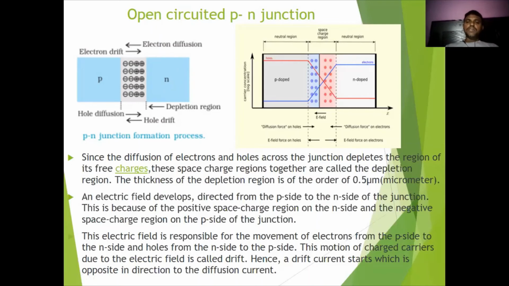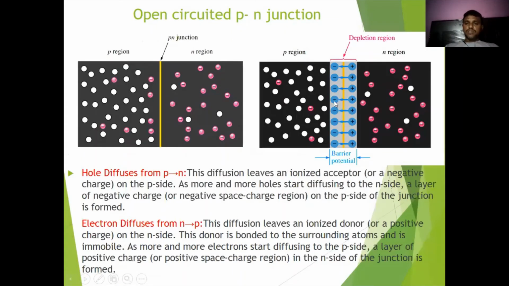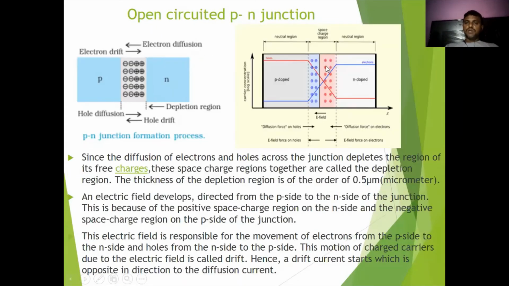Inbuilt is nothing but this electric field that is formed. Here you can observe blue is minus, that is negative ions, and plus positive ions, they form the electric field, right? This is an internal electric field formed due to the space charge region, due to the depletion of holes and electrons here. That is the reason for the drift current that is present in the open circuited PN junction.